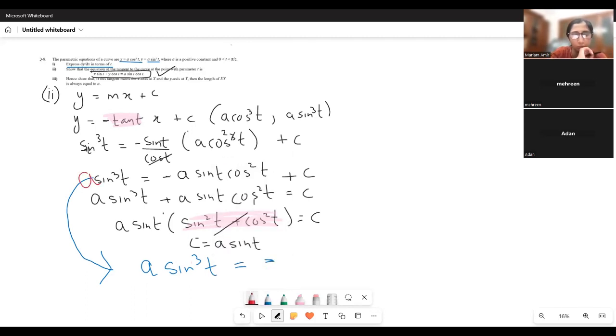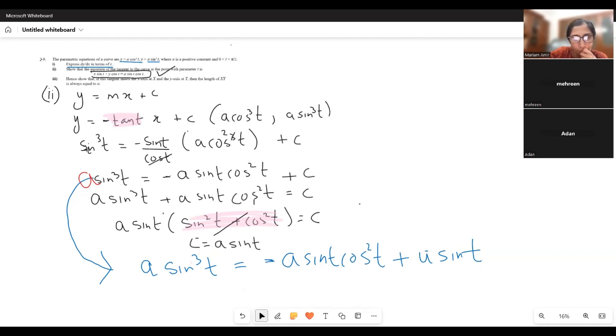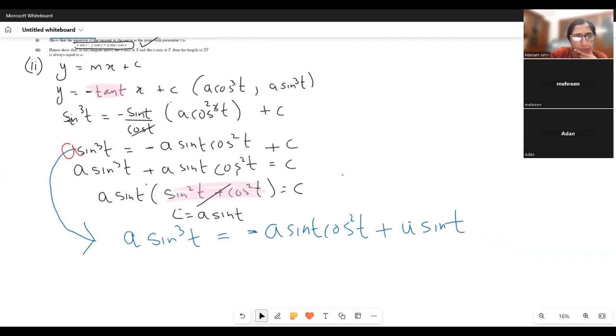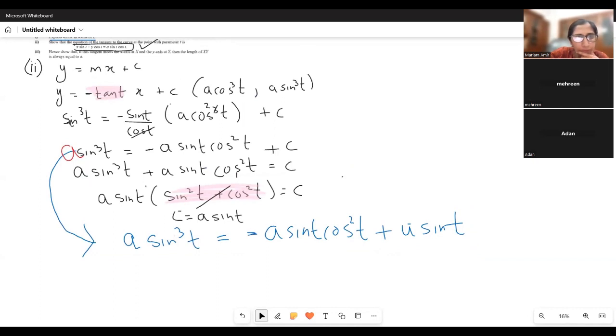There was an a here, I think I cleared it by mistake. It must have been there to begin with. All right. So a sine cube t equals minus a sine t cos square t plus a sine t. We can take sine t common and cancel it on both sides, but still I'm not getting the required format.